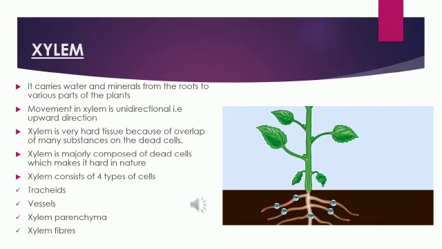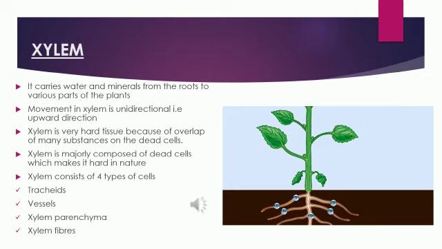And movement in case of xylem is unidirectional. It moves in one direction, that is upward direction. When the root absorbs the water and minerals from the soil, it takes them upwards. That is the reason we call it unidirectional. It moves only in one direction, that is upward.